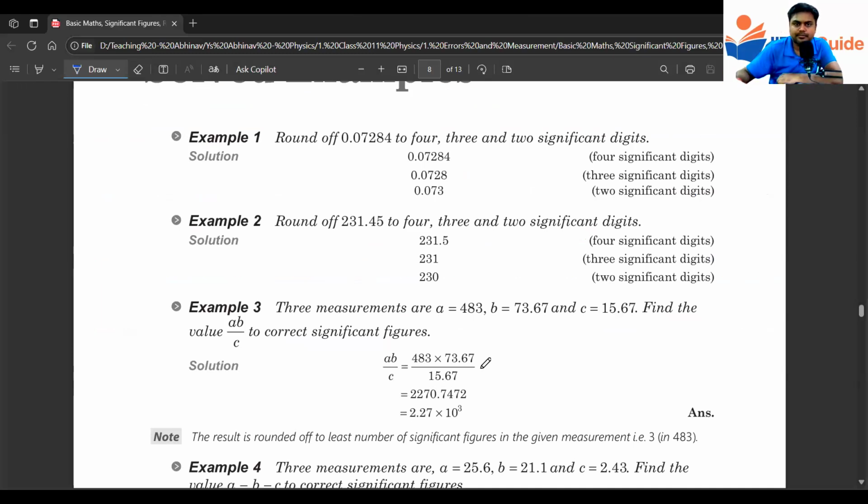It should be 231.4. Yes, that's correct.